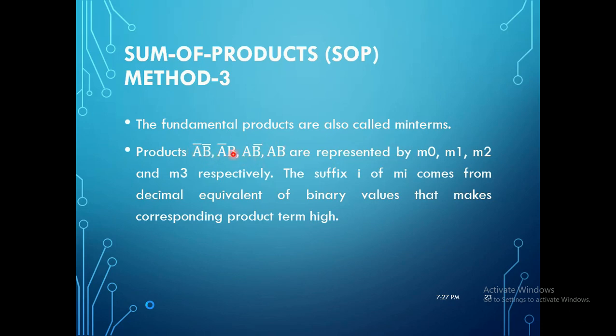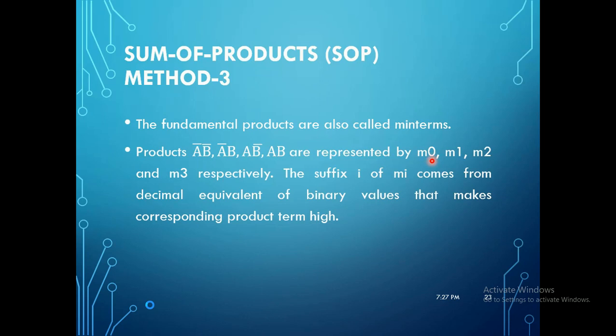The suffix here, that is the suffix we write, for M0 you have 0. The suffix i of Mi comes from the decimal equivalent of the binary values that make the corresponding product term i.